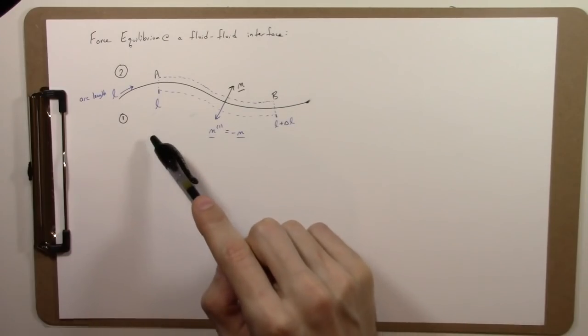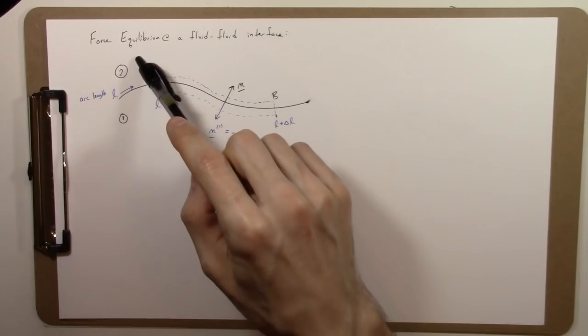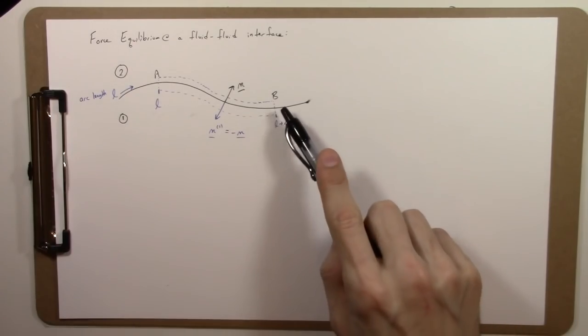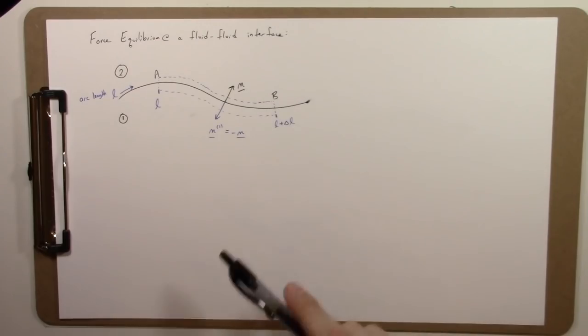In the bulk of the fluid, a molecule of fluid 1 is surrounded by all molecules of fluid 1. A molecule of fluid 2 is surrounded by all molecules of fluid 2. And so the intermolecular force is essentially balanced. At the interface, however, a molecule of fluid 1 is bounded by molecules of fluid 2 above, and vice versa. And this can lead to unbalanced intermolecular forces that result in what's known as interfacial tension.